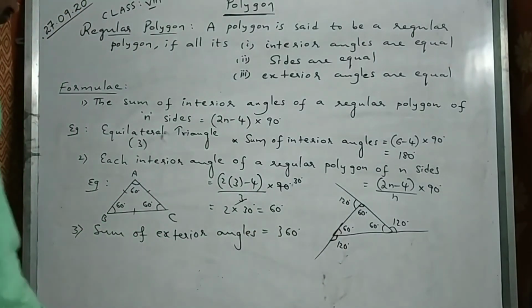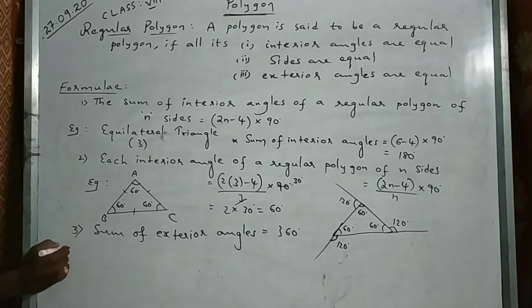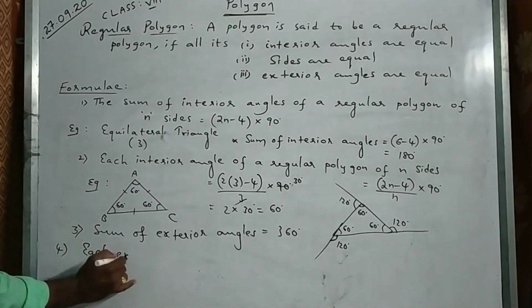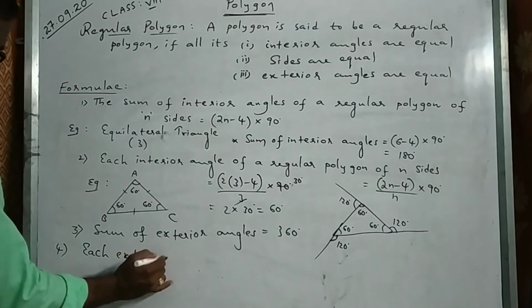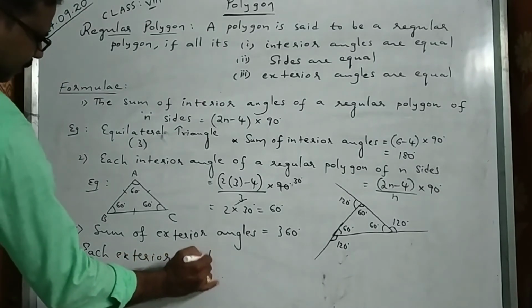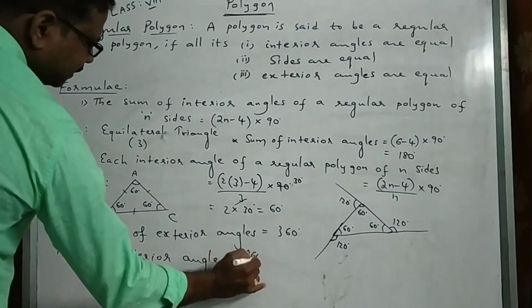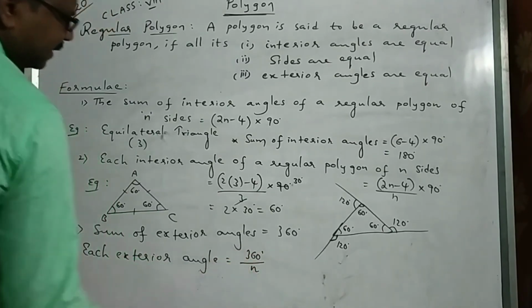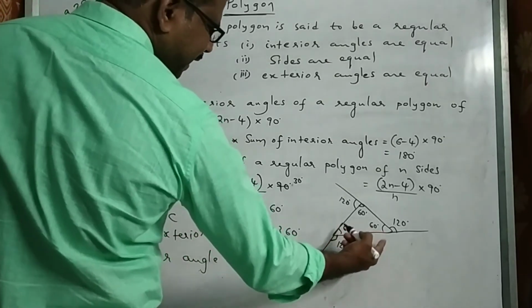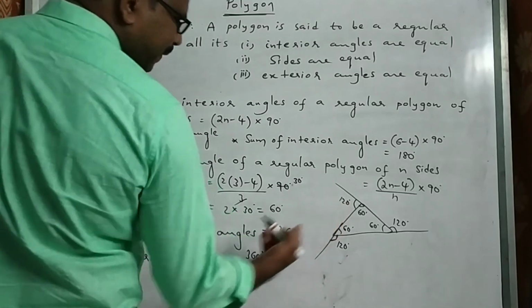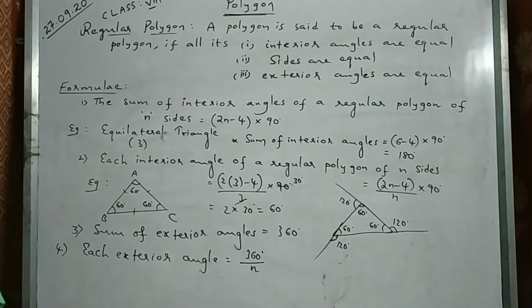So the sum of exterior angles is always 360. If you want to find each exterior angle, it is 360 degrees by the number of sides. Suppose 360 by 3 sides, you will get each exterior angle as 120 degrees. Okay?